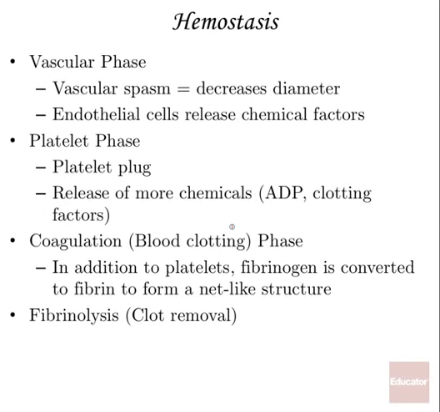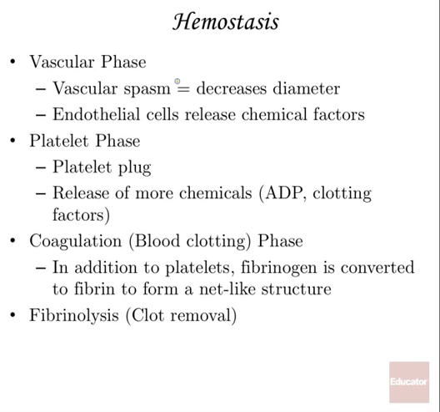Hemostasis basically means keeping blood where it should be. It's the stoppage of bleeding, of hemorrhaging. There are a few different phases. When you have a cut in a blood vessel, the first thing that's going to happen, they call it the vascular phase.